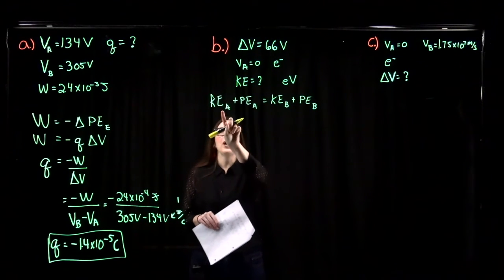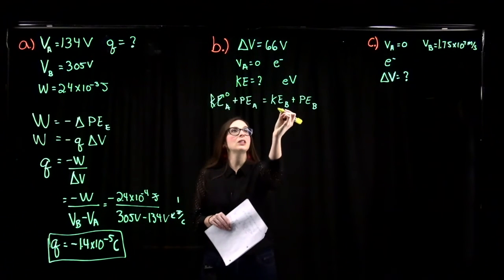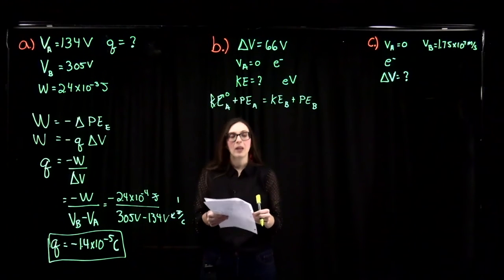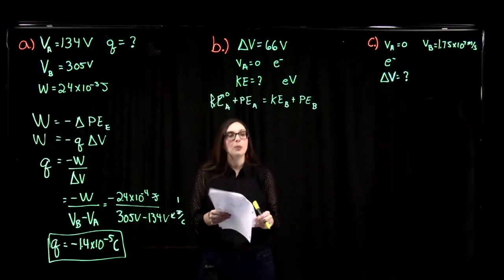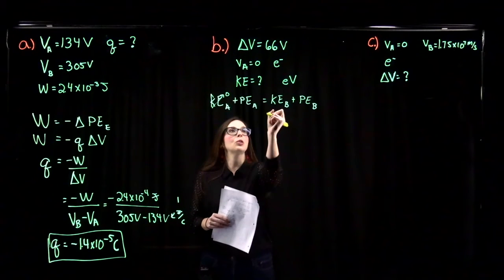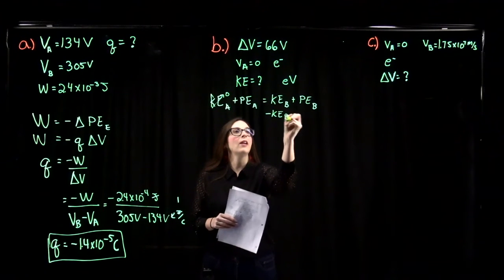If we start from rest, our initial kinetic energy is 0. So it's this final kinetic energy that we're going to be solving for. Now, I'm going to subtract my kinetic energy over to the left side.